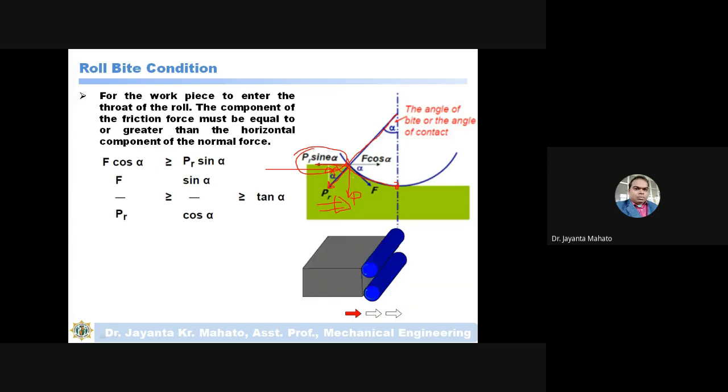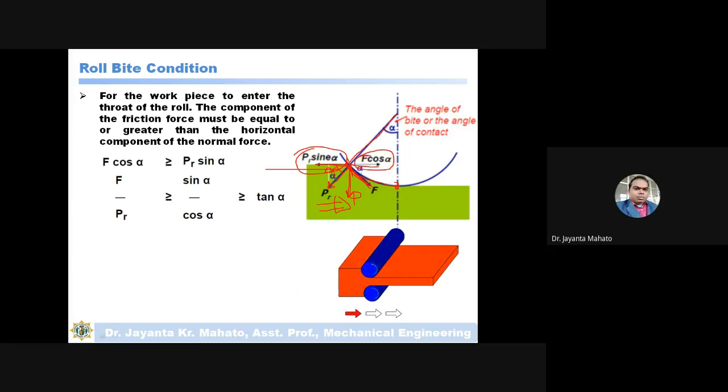And this is the frictional force F at the contact point, which also has two components: one vertical, and another horizontal, F cos alpha.